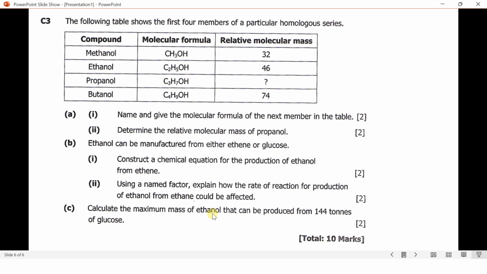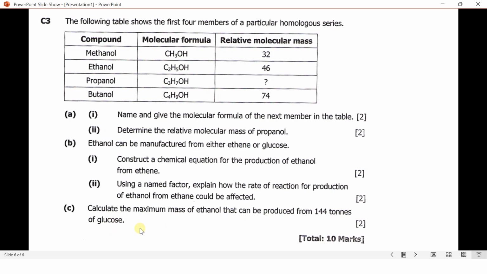This is what I've been saying, poor questioning technique leading to failure in exams for the children, because there's no way you can give this question 2 marks when you have not given them the equation. The first thing they should have done was to give them the equation for production of ethanol from glucose.